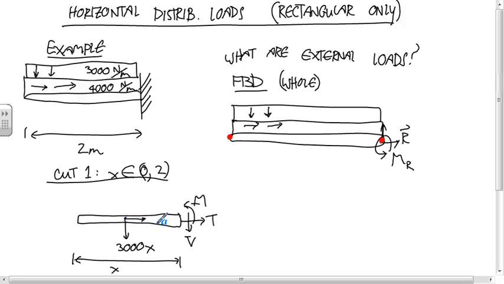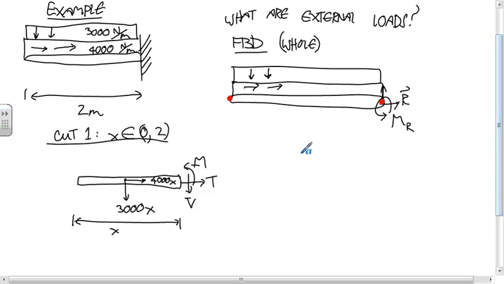And what about the horizontal position? It doesn't matter because of the line of action. That's exactly right. So we're going to put it just right along the long axis of the beam. And it has a value of 4,000 x. So now you can go to Newton's second law.